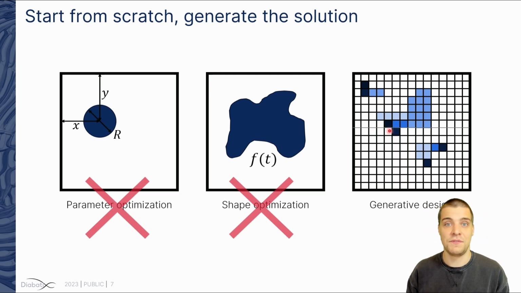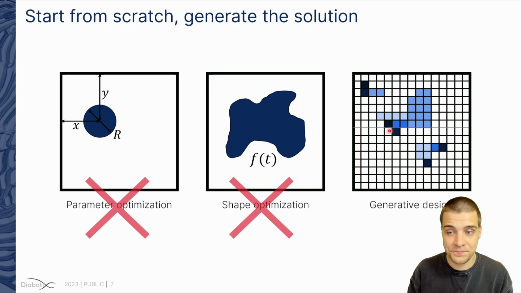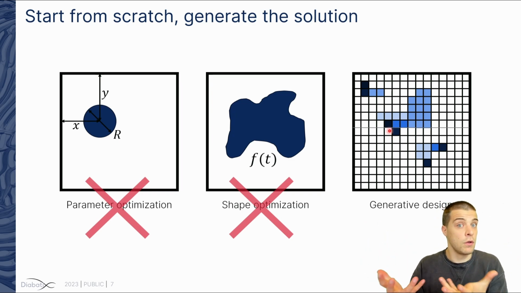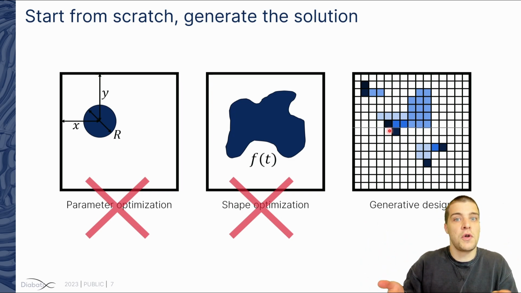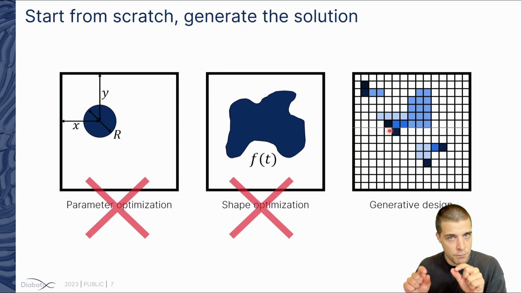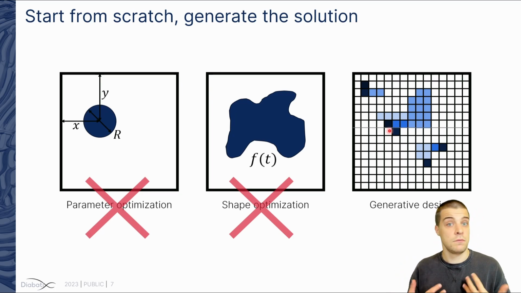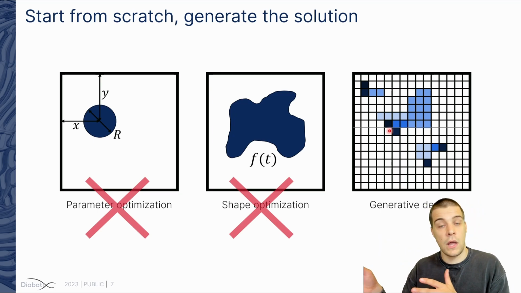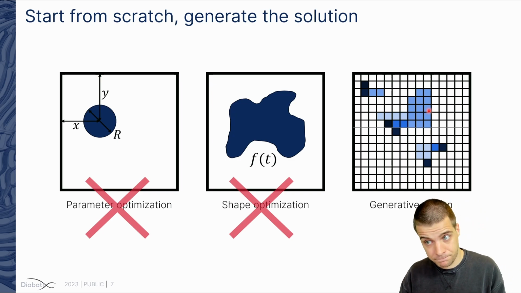Lastly, we have the solution that we at Diabatix prefer, which is density-based topology optimization. With density-based topology optimization, what happens in the background is your design domain, so the volume where you allow the software to make modifications, is split up in multiple small parts, and the algorithm has full control over where and where not to place material.